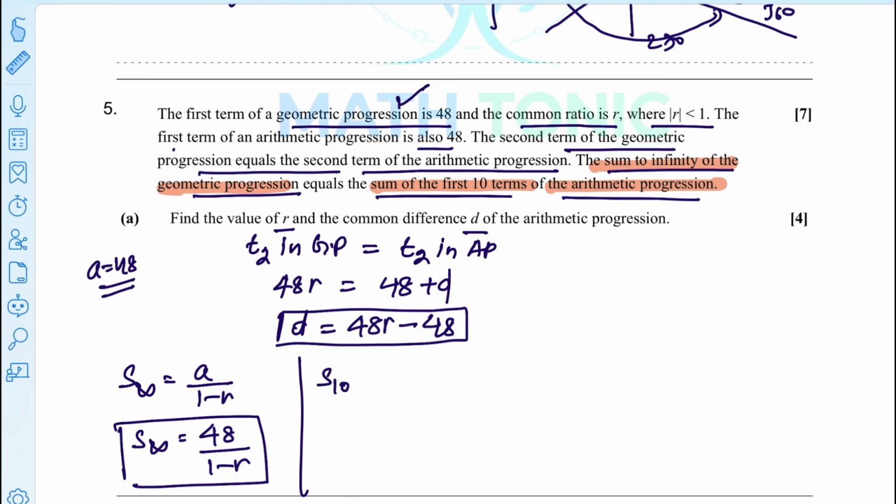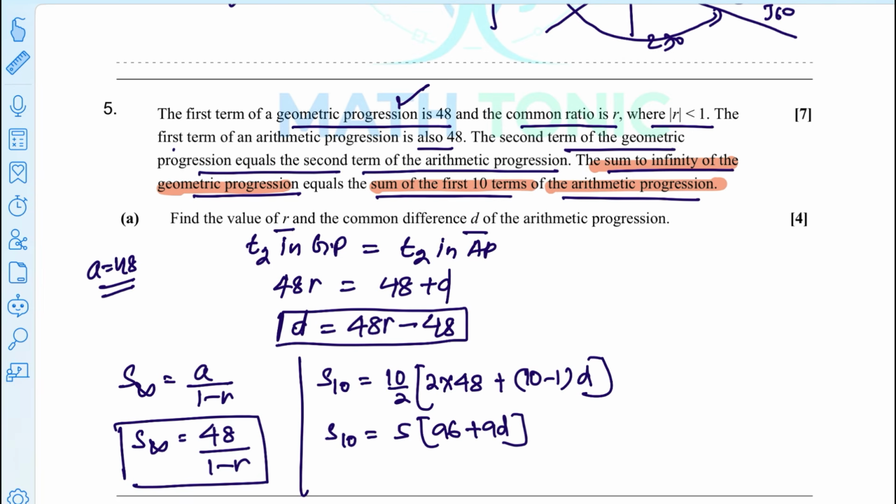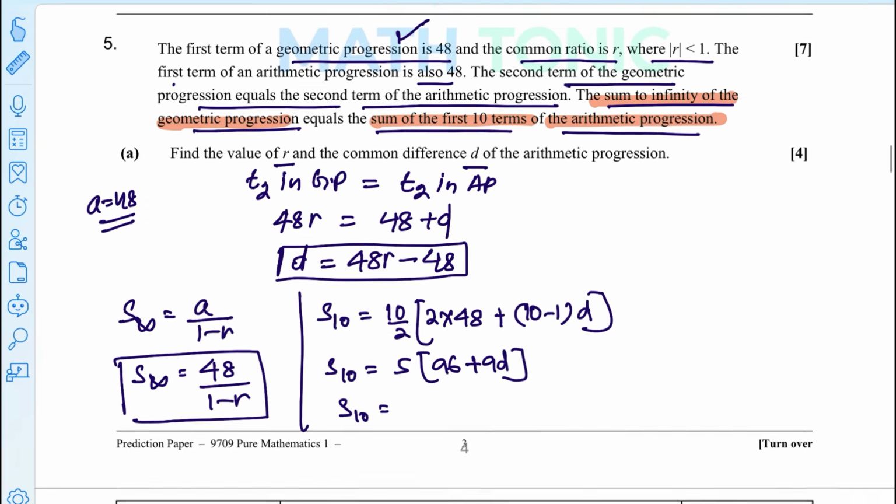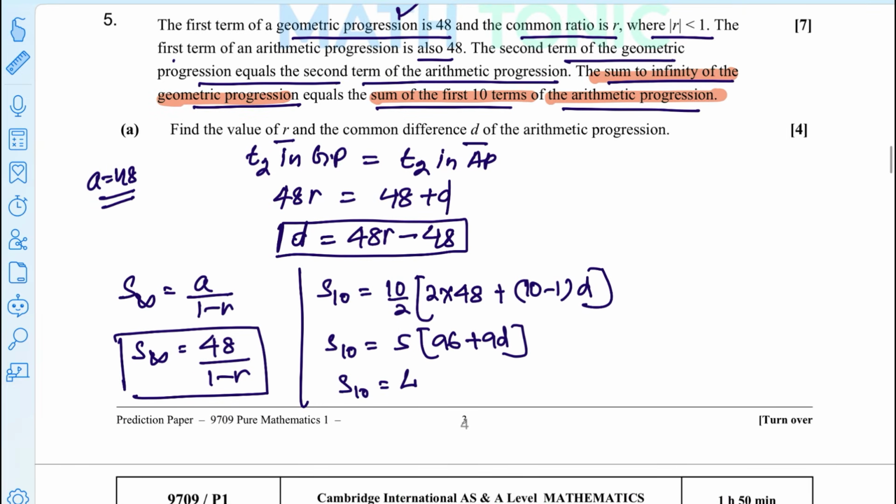Now the sum of 10 terms in AP equals n over 2 times 2a plus (n minus 1)d, that is 2 times 48 plus (10 minus 1)d, right? So S10 equals 5 times (96 plus 9d). Expand the bracket, it will be 480 plus 45d.